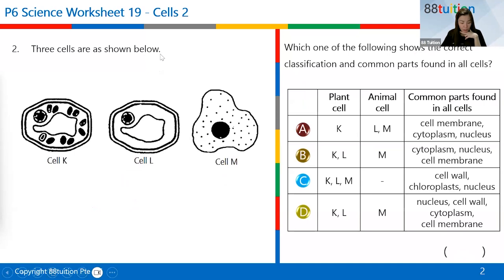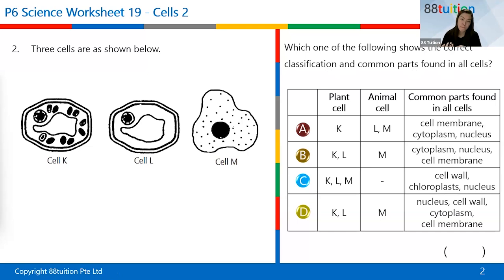3 cells are shown below: K, L, M. Which of the following shows the correct classification and common parts found in all cells? So we are talking about the common parts. Now look at K, L, and M. What do you think K is? What do you think L is? What do you think M is?